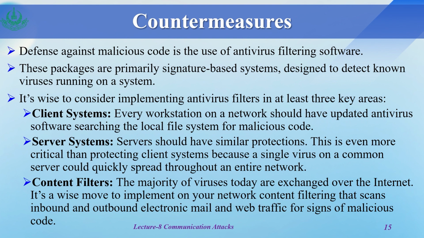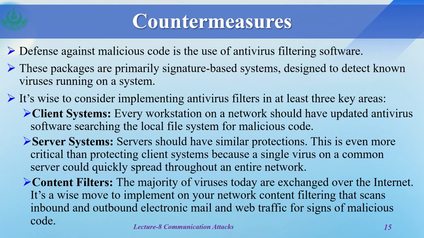Countermeasures for these attacks include defense against malicious code through the use of antivirus filtering software. These packages are primarily signature-based systems designed to detect known viruses running on the system. It's wise to consider implementing antivirus filters in at least three key areas.